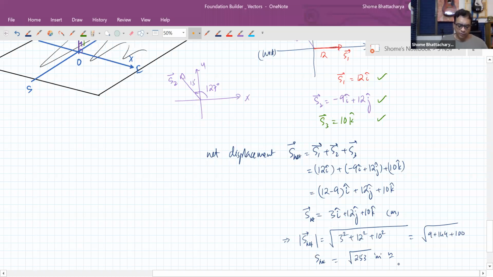So it will be 15 point something. Let's work it out. Yeah, it will be close to 16 actually. 15.9 approximately. So that is our resultant displacement. So as you can see, this is pretty easy.